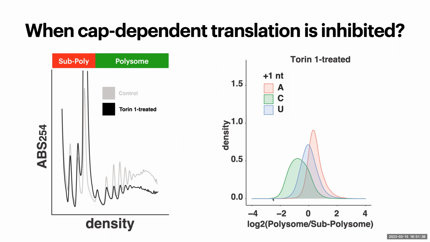When we looked at the very far end of this distribution, what we find, expectedly, is that the strongest repressed sequences look like classical TOP sequences: +1C followed by a series of pyrimidines. So we wondered if we can infer something more about what defines TOP motifs and the strength of their repression.